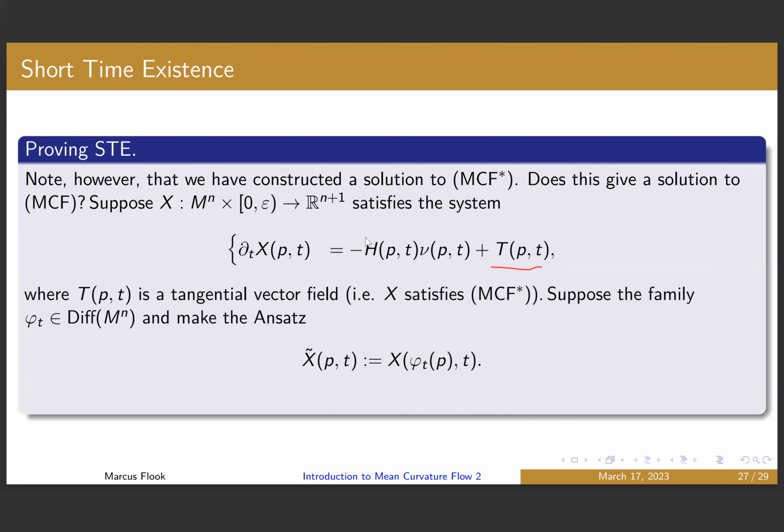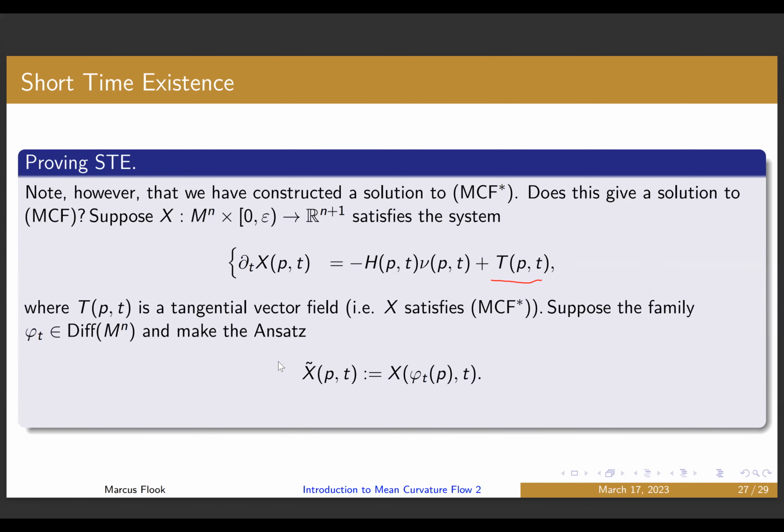Now, we're going to make the ansatz that we have a one parameter family of self-diffeomorphisms, which we'll call the time dependence. The basic idea is that if we have a solution to mean curvature flow star, where there's that rotation, we want to counteract this with the family of self-diffeomorphisms.